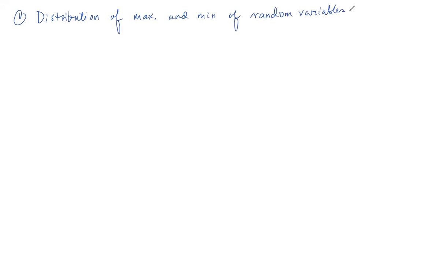First, maybe I want to say something, just to refresh something about the distribution of maximum and minimum of random variables, okay? So for example, you may have X1, X2, ..., Xn independent and identically distributed.